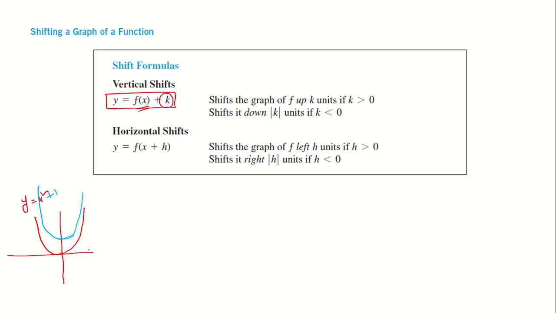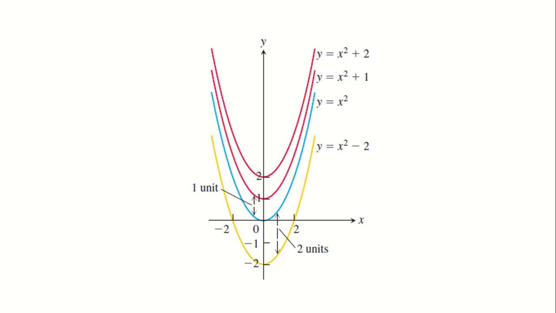But if we are given y equals x squared, here is the perfect example of vertical shifting. This one is the original function.